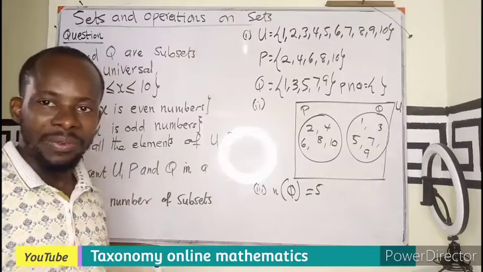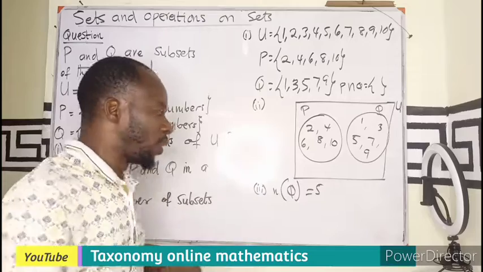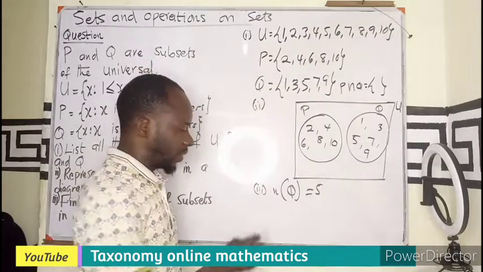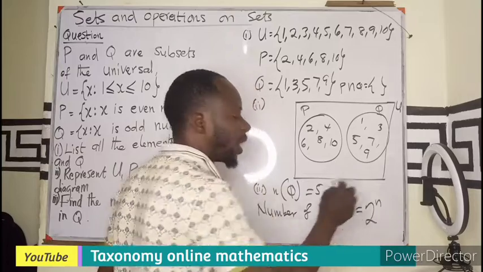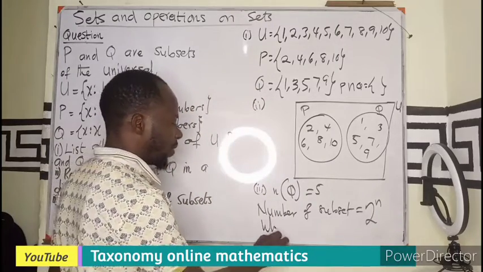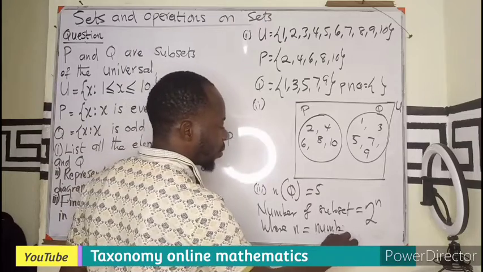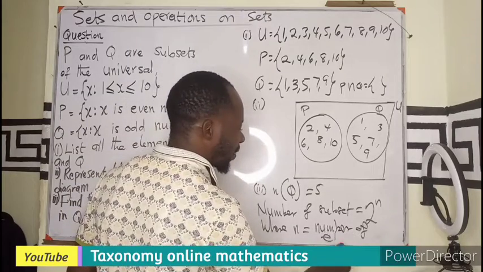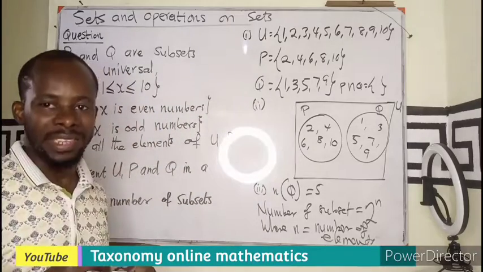So how many different subsets can we get from this? We know that the number of subsets is given as 2 to the power n, where n is the number of elements in that given set.